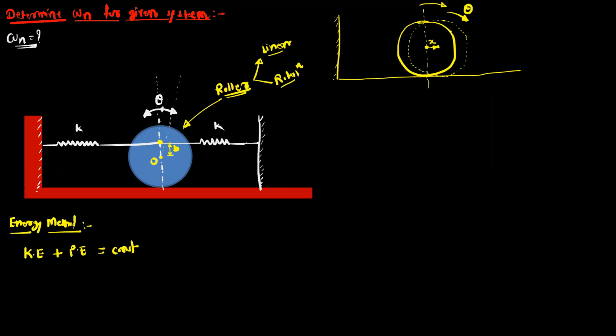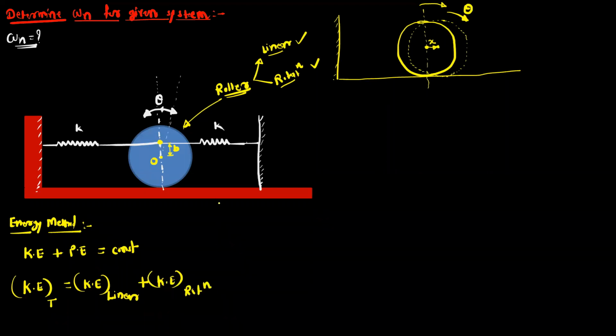So it has two kinetic energies, one is linear and second is the rotational kinetic energy. So we will write the equation for the roller, kinetic energy total. So this is kinetic energy for linear motion plus kinetic energy for rotational motion.